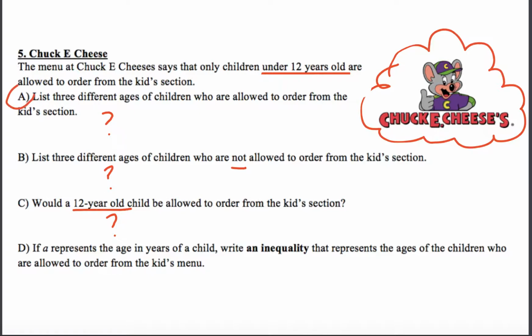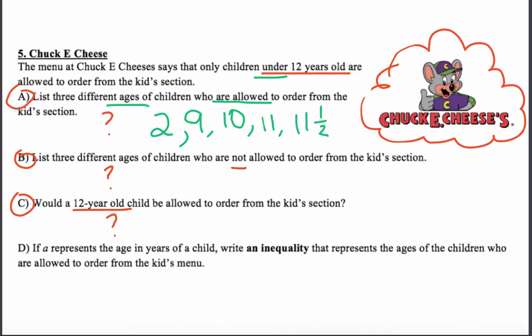Let's go over A, B, C, before we get to D. So there are a lot of different numbers you could have put for A. Children who are allowed to order from the kids section include kids who are 9, 10, 11, even if they're 11 and a half. As long as they are under 12 years old, they are allowed to order. You could have even put the age of a kid that's 2. These are all examples of ages of children who are allowed to order from the kids section.